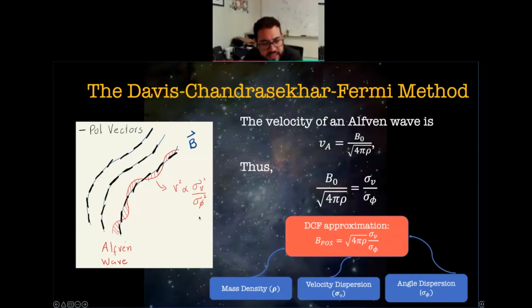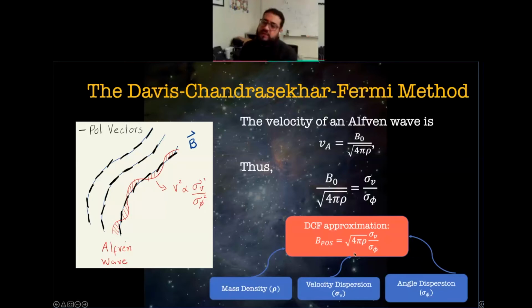With this simple idea, and knowing that the velocity of an Alfvén wave is, by definition from theory, proportional to the strength of the unperturbed magnetic field divided by the square root of the density, you can put together these two expressions and arrive at a very simple approximation, which is the DCF approximation, the DCF method.